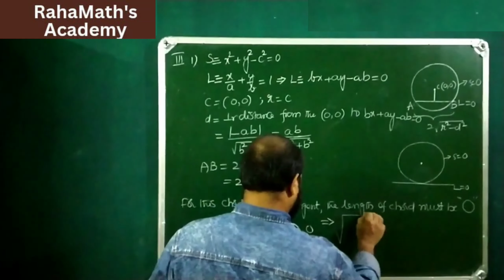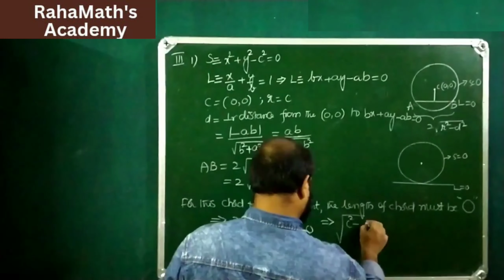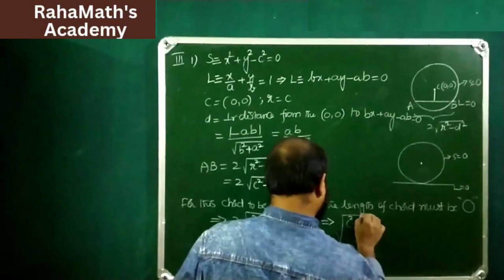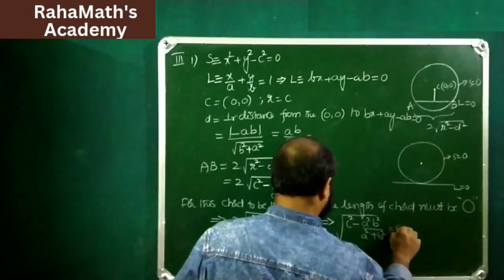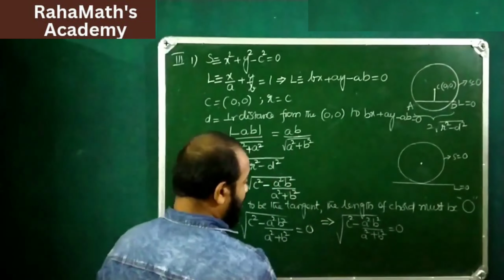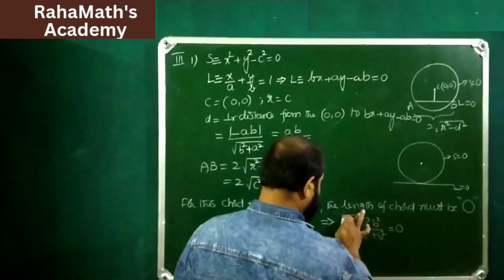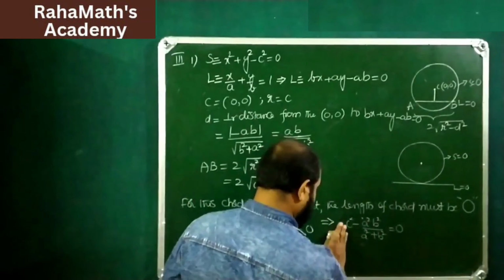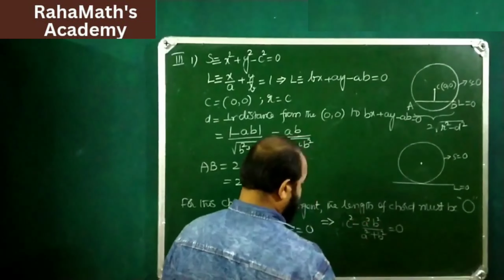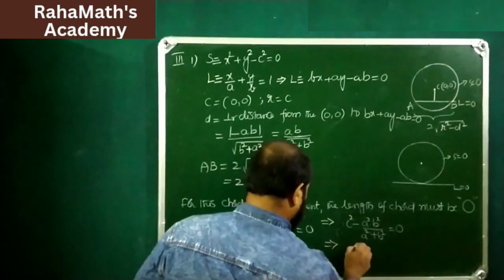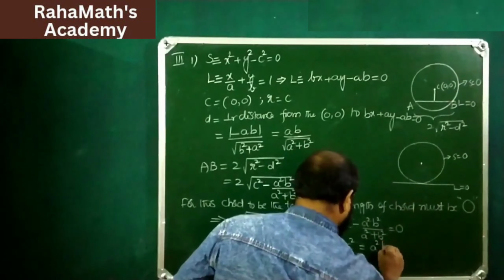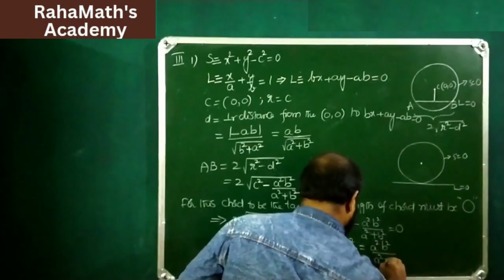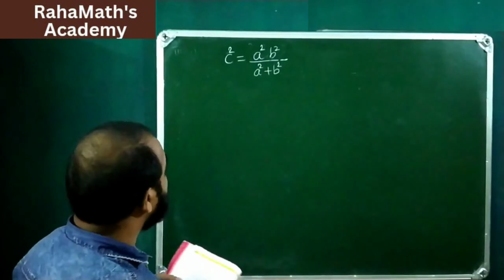So c squared minus a squared b squared by a squared plus b squared equals 0. If you take this to the RHS, c squared equals a squared b squared by a squared plus b squared.